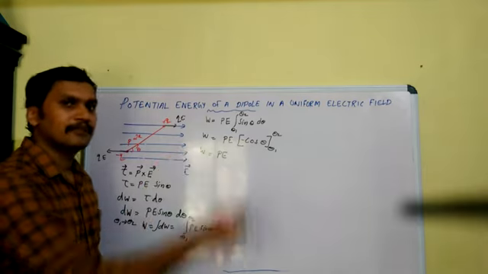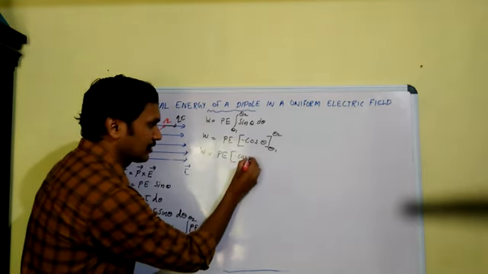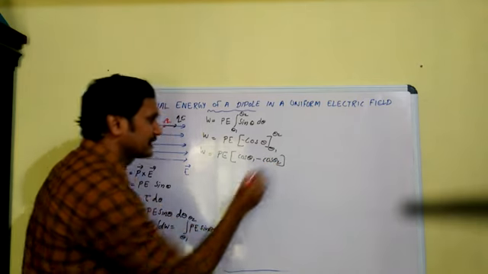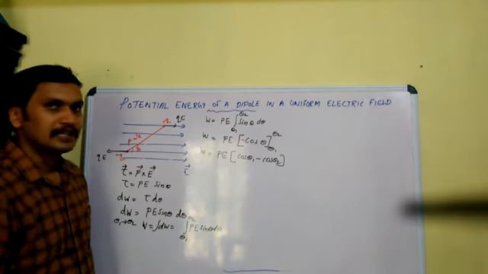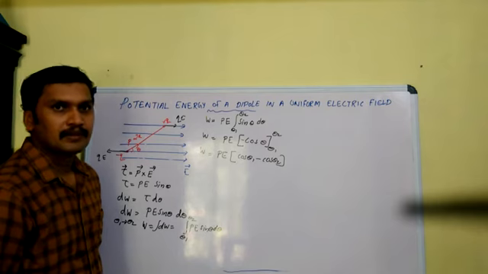So we get W equal to pE (cos theta 1 minus cos theta 2). This is the work done when rotating the dipole from angle theta 1 to theta 2.